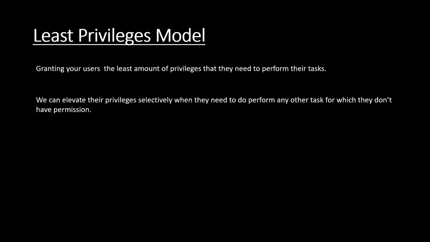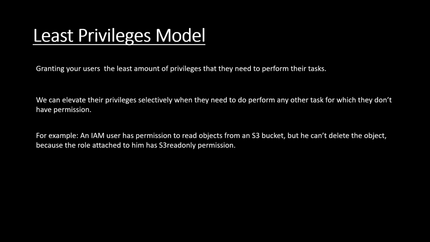We can elevate their privileges selectively when they need to perform any other task for which they don't have permission. For example, an IAM user has permission to read objects from an S3 bucket, but he can't delete the object because the role attached to him has S3 read-only permissions.